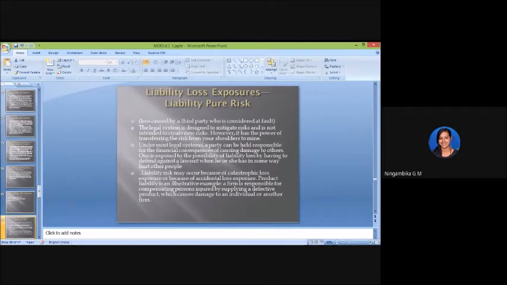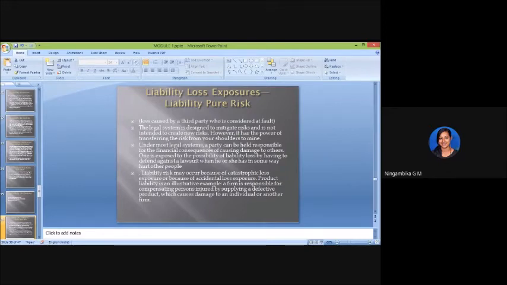Under most legal systems, a party can be held responsible for the financial consequences of causing damage to others. One is exposed to the possibility of liability loss by having to defend against a lawsuit. Even if it was caused by something uncontrollable but not handled in a proper way, there might be chances of a lawsuit when he or she has hurt other people, with or without intention, but against the law.